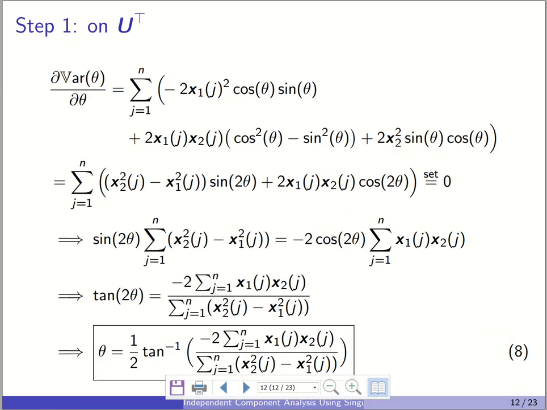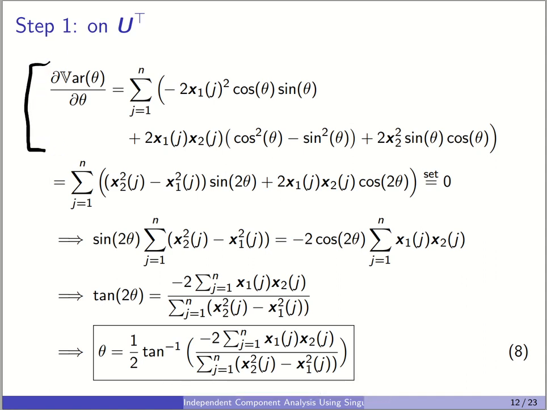I'm repeating what we found in the previous slide here, and then let's simplify this. We factor, and we said that cosine squared minus sine squared equals cosine of 2 times the angle. We also have these two.